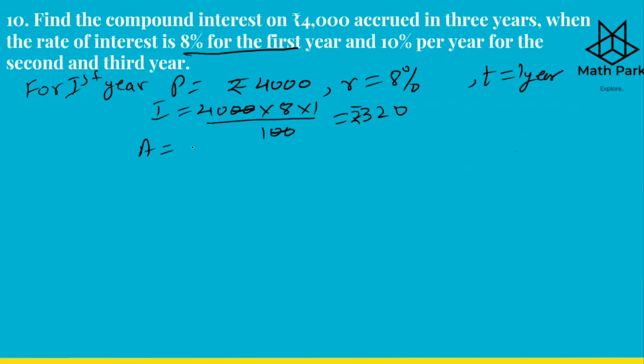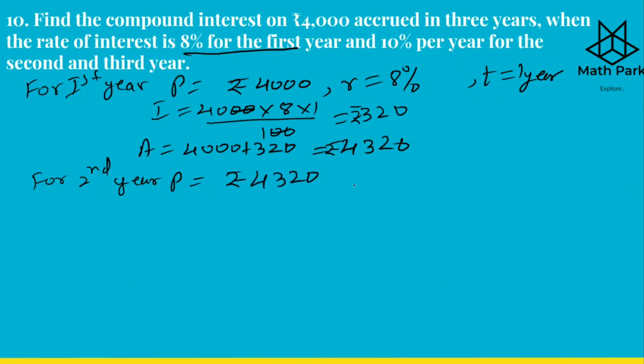The amount is going to be 4,000 plus 320, which is 4,320. This amount is the principal for the second year. So for the second year, the principal is equal to rupees 4,320. The rate of interest is 10% for the second and third year. The time period is again 1 year.